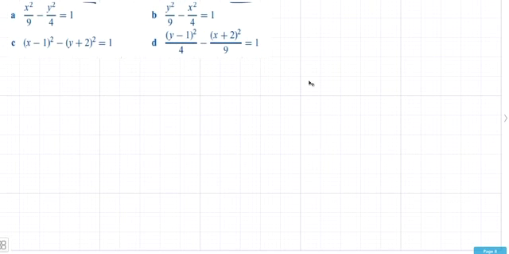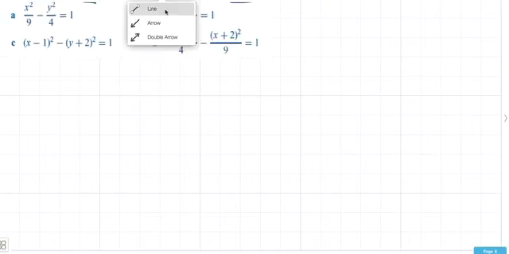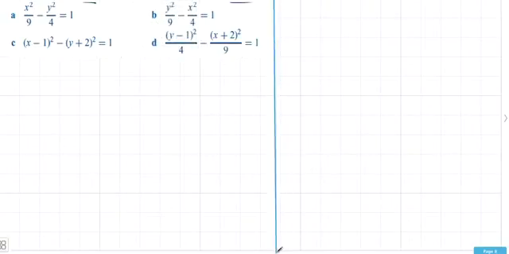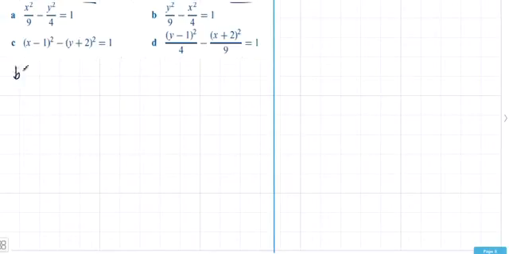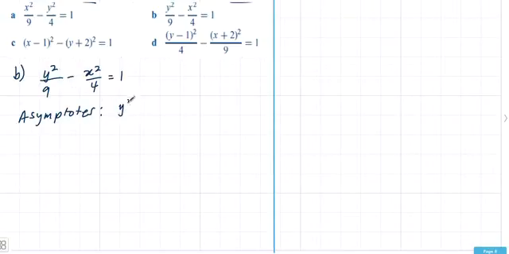Okay, so this one, very similar, the next one, sort of just around the other way. And we'll do all the steps. So for B, we've got y squared on 9 minus x squared on 4 equals 1. Okay, what we're going to do first of all is find our asymptotes. So we're going to let y squared on 9 minus x squared on 4 equals 0 instead of 1.